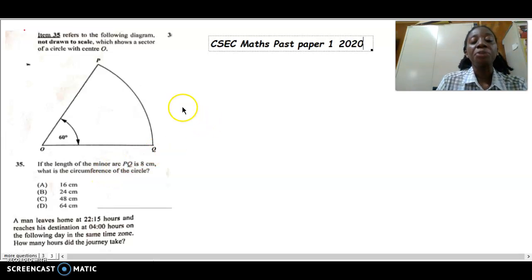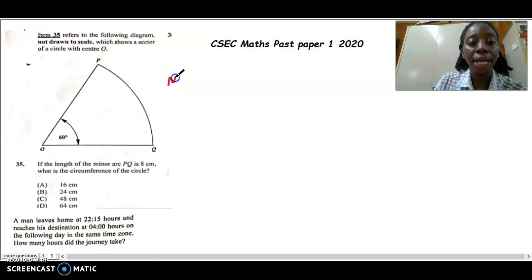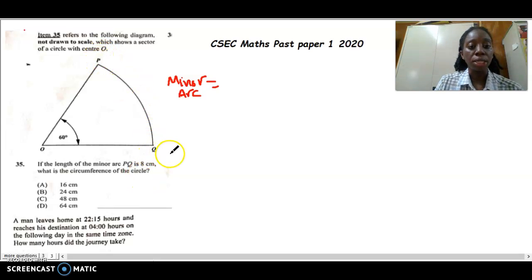Now we can recall the formula for finding the minor arc of a circle. So minor arc is simply equal to, you know that your sector now is just a part of a circle, right? So PQ is a small portion of your circumference.